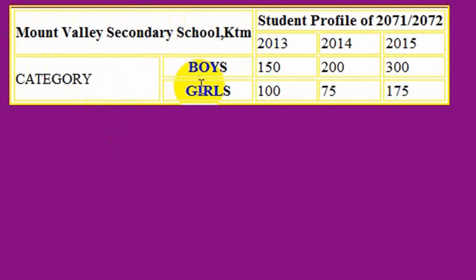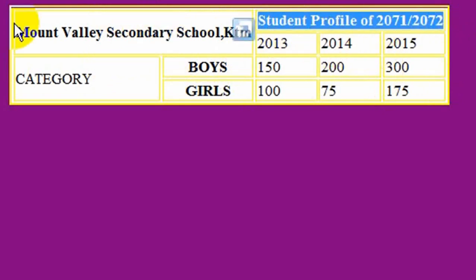This is 1 column and this is 1 column. Colspan 2 to insert Mount Valley Secondary School Kathmandu. Okay, so like this we can merge cells of rows using rowspan and we can merge cells of columns using the colspan tag.